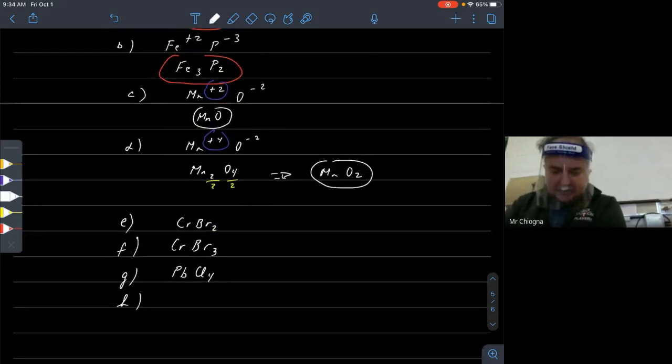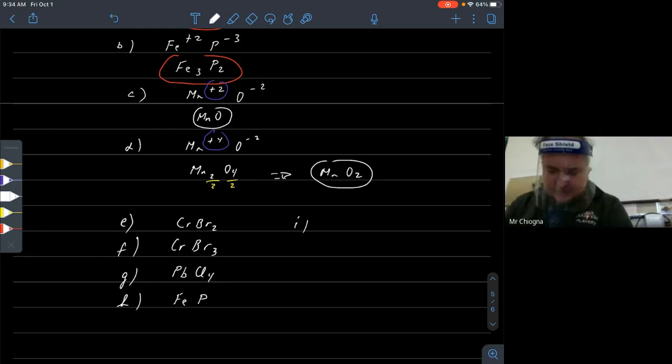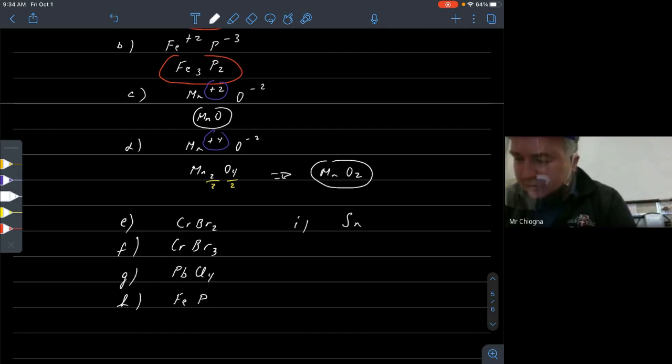H, iron 3 phosphide, FeP. They're both a charge of 3. One is plus, one is minus. I. Tin 2 sulfide, tin is Sn, it's SnS. They both have a charge of 2.